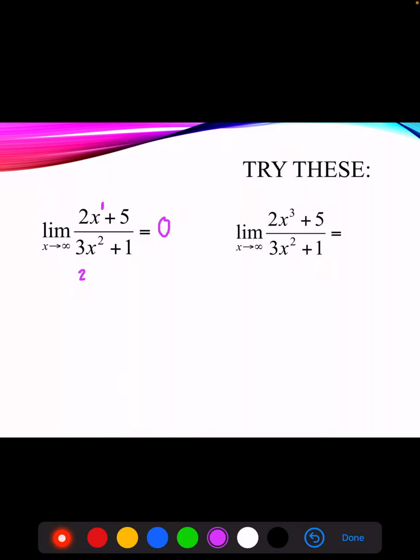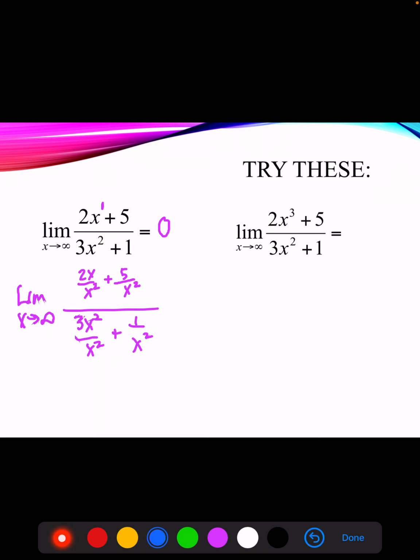Divide everything through by the highest power of x. So I have 2x over x plus 5 over x, all over, x squared is the highest power of x, right? 3x squared over x squared, plus 1 over x squared. So it's the limit as x approaches infinity.